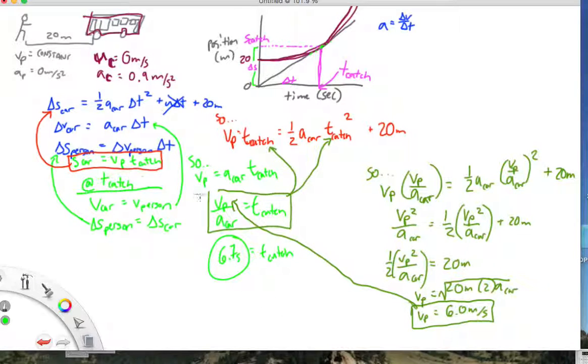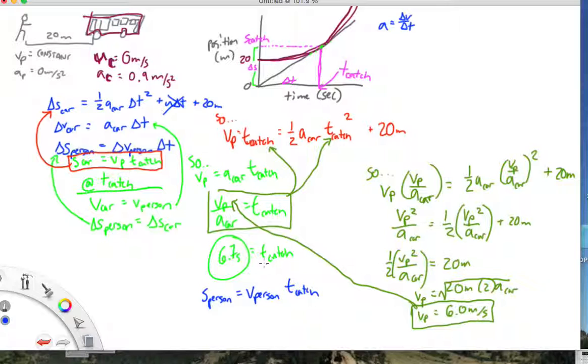Well, we have an equation to solve for that. What's an equation to solve for how far the person has traveled? We can use this equation right here. So we can say, all right, the position of the person equals the velocity of the person, just use person still, at t catch times t catch.